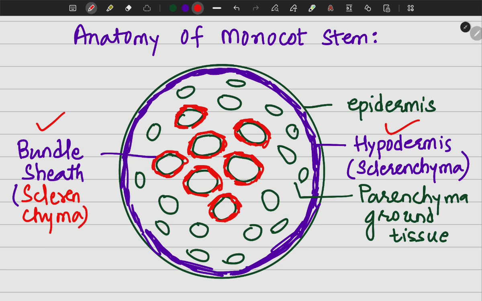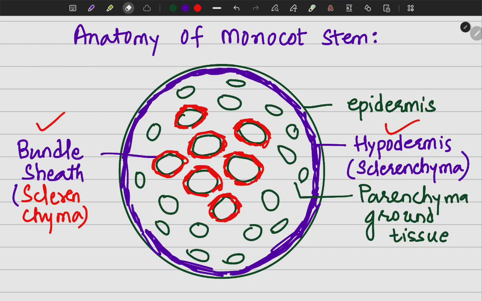Alright, and if we talk about the type of vascular bundles here, the vascular bundles will be closed. Since it is a monocot stem, there is no possibility of secondary growth, right?